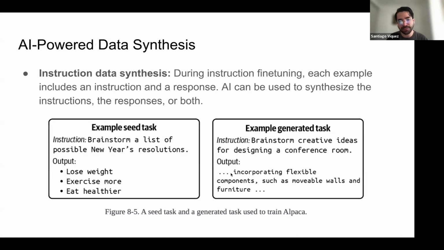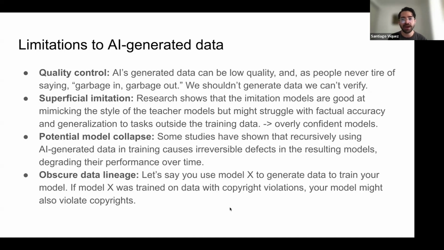So we might end up with very confident models that are wrong because they were taught to imitate a bigger, more complex model than themselves. The patterns in their responses might be super confident, but their reasoning might be off.